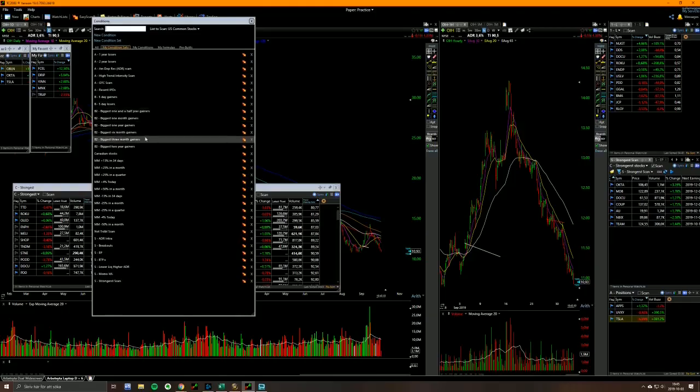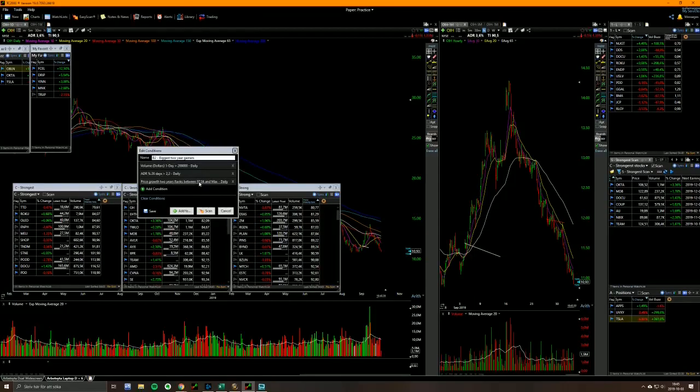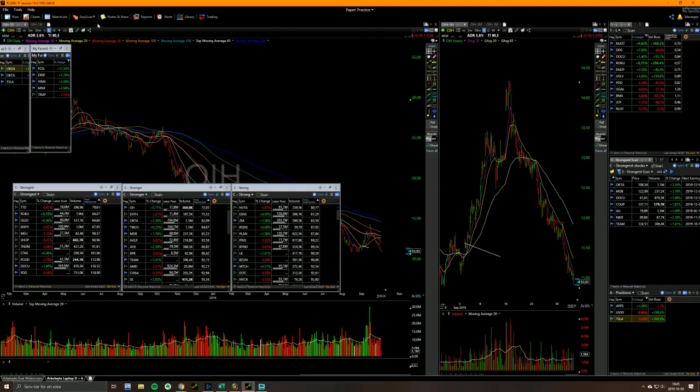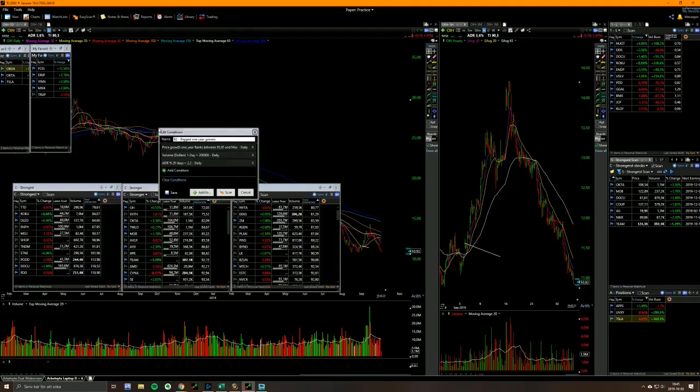These three, six scans, different time frames. I look for the strongest 2% stocks, the strongest 3% stocks in that time frame, the strongest 4%.